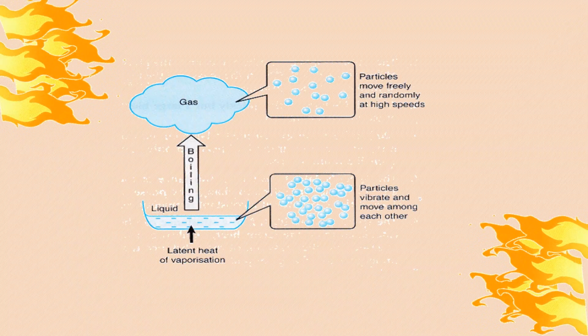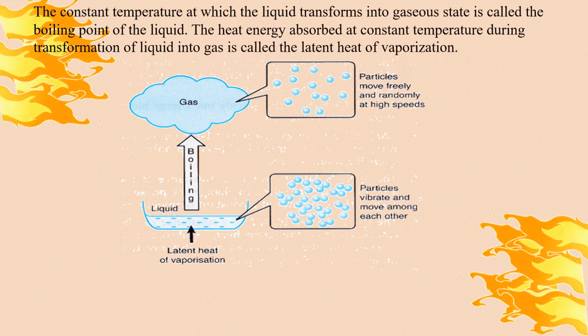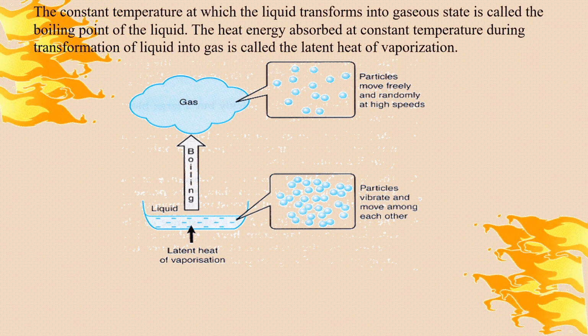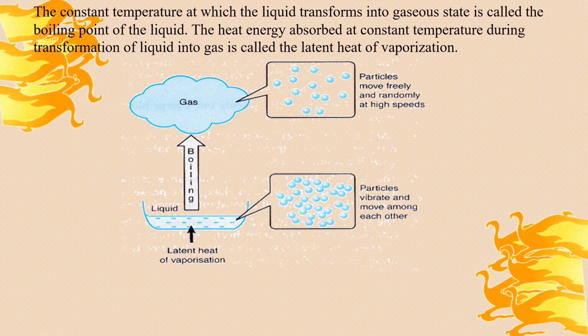Now here we have the next and a very interesting thing similar to the previous one. The constant temperature at which the liquid transforms into gaseous state is called the boiling point of the liquid. Okay, remember, जब हम लोग ने पहले क्या पढ़ा था, solid to liquid, right?